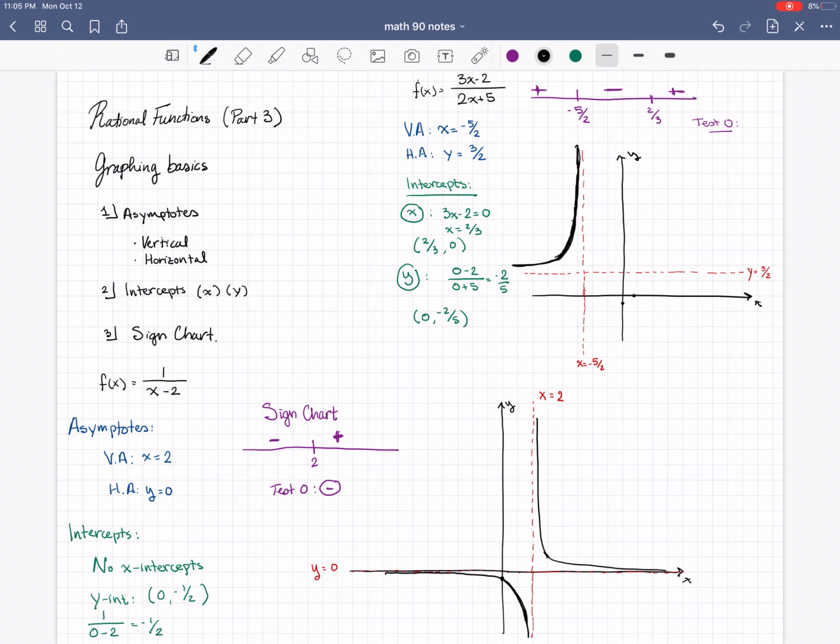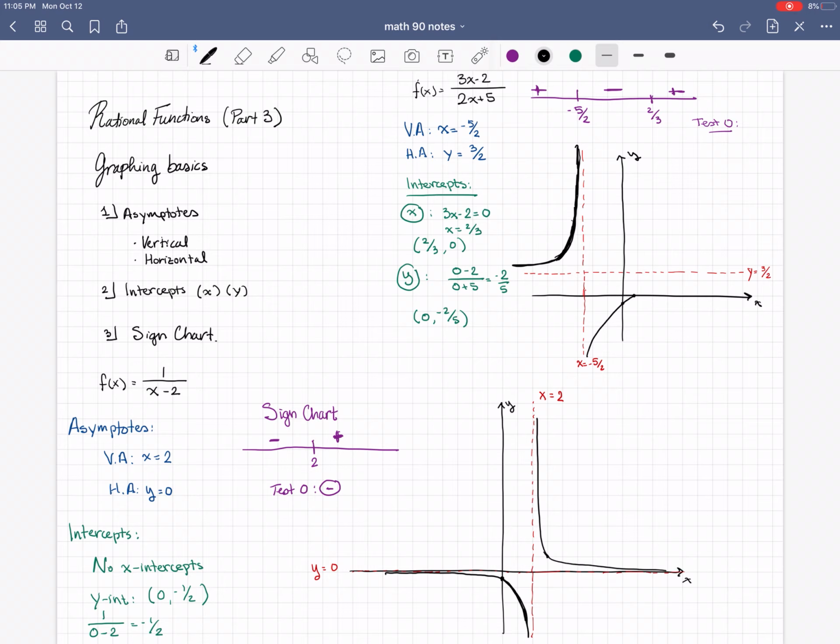Exactly the same sort of thing happening on the other side. Between -5/2 and 2/3, we are negative, which means our graph is below the x-axis, but we have a vertical asymptote here, which means we're going to have this kind of surging behavior downwards. So it looks something like this.